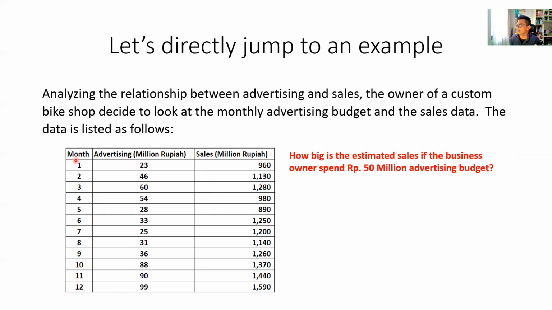For example, for last January, month number one, the shop spent 23 million rupees in advertising, and the sales that they gained during the month of January is 960 million. February they spent 46 million rupees in advertising budget, and the incoming sales that they gained is 1.130 billion rupees.